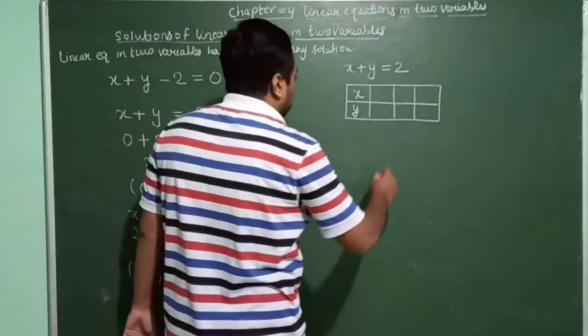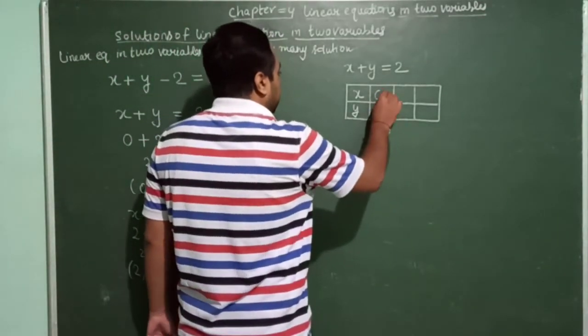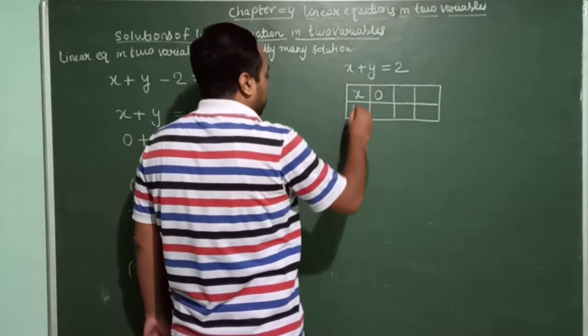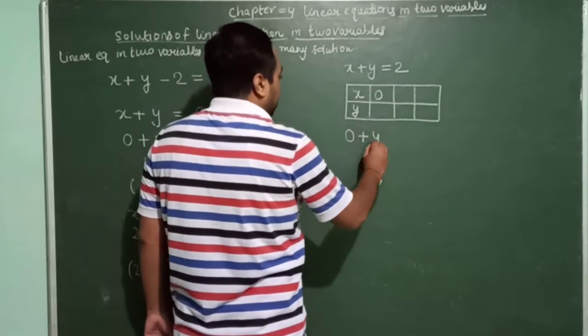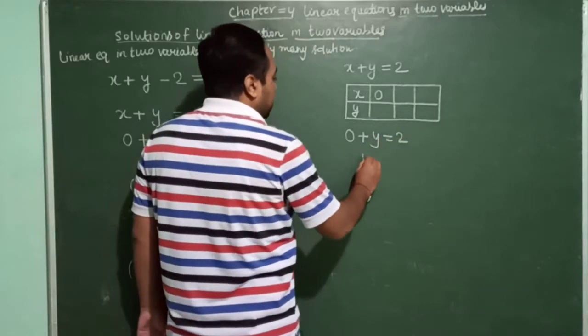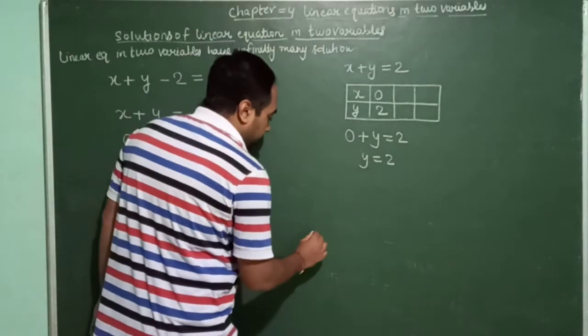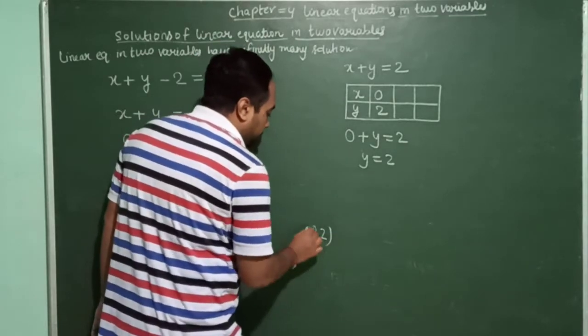So suppose first I am replacing this x by 0. Then I'll calculate y. So 0 plus y is y. So y is how much? 2. So what is the first solution over here? (0, 2).